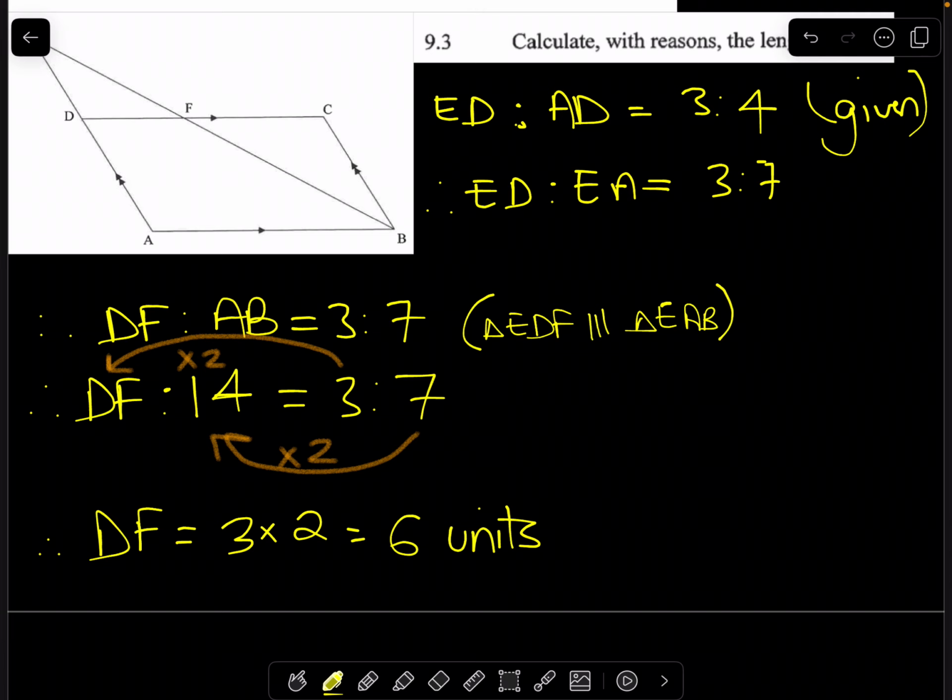Okay, so horrifying looking question, but actually not so bad at the end of it. And I think this is the second last question of the paper, so that's really not horrible.